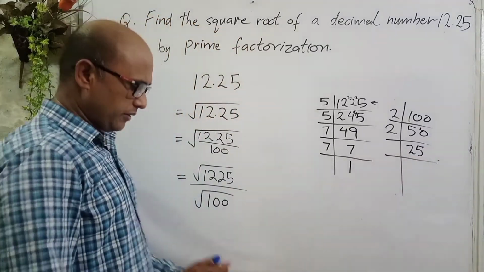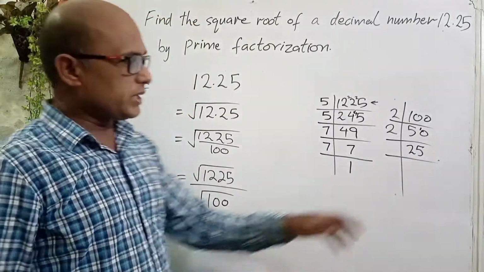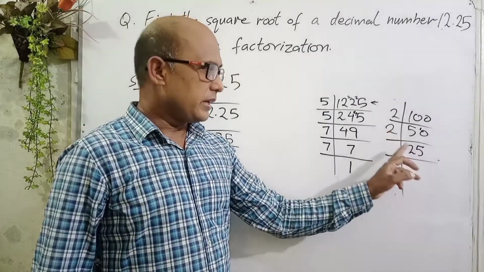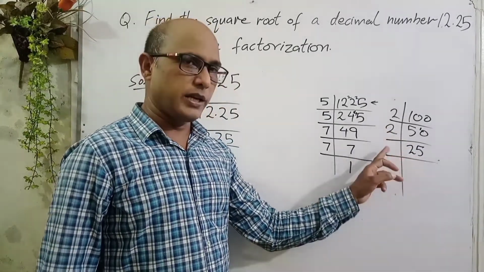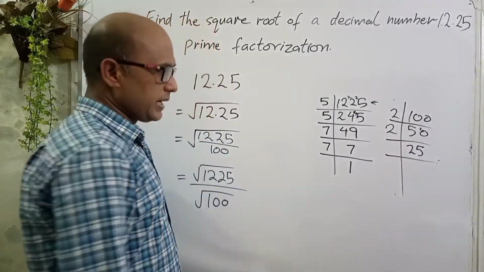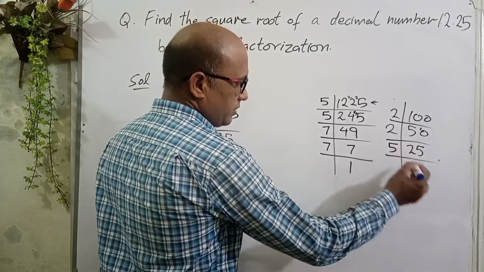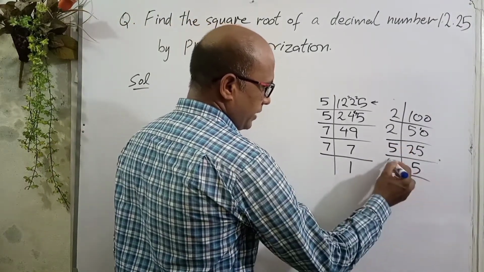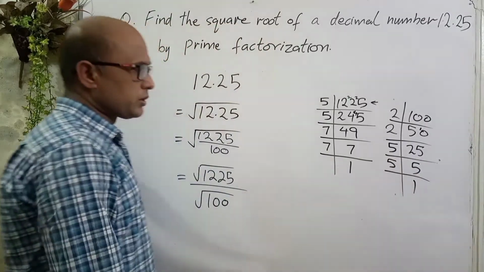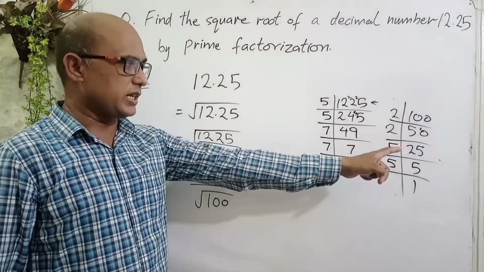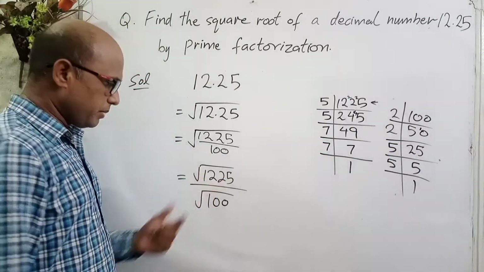So let's see, 25 is not divisible by 2. It is not divisible by 3. So let's see, it is divisible by 5. 5 5s are 25 and 5 1s are 5. So this is the prime factorization of these numbers.